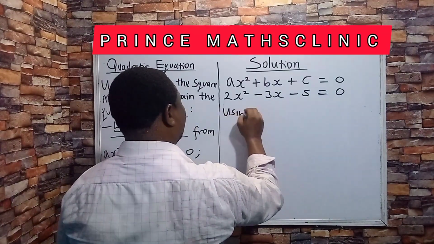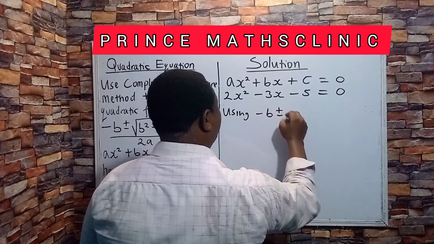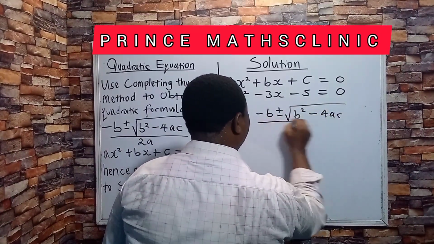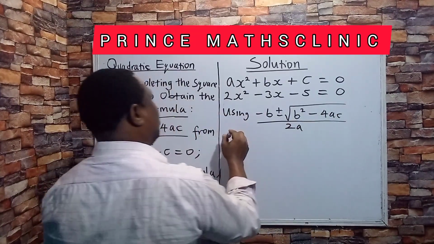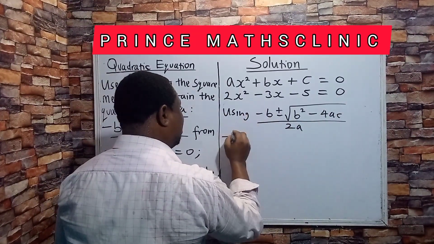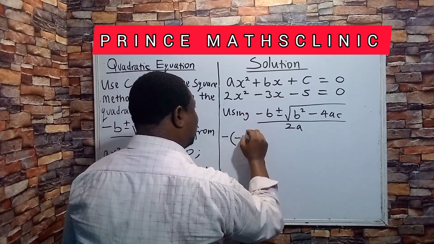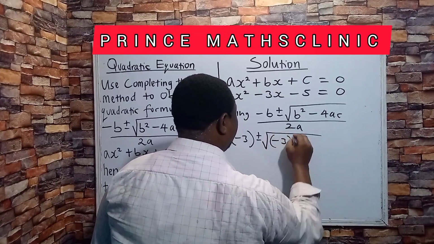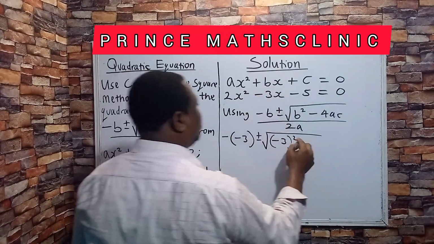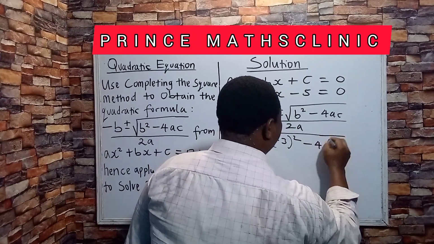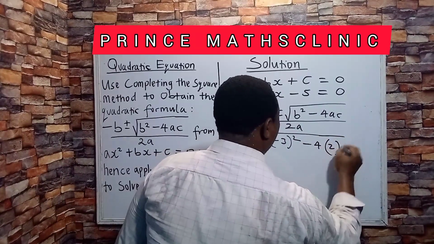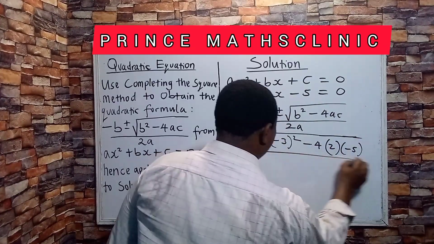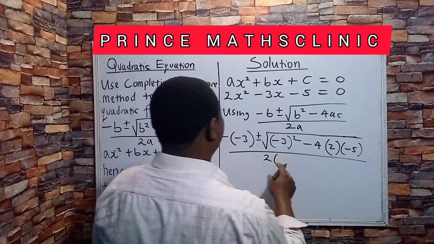So using minus b plus or minus the square root of b squared minus 4ac over 2a, my minus in the formula stays, then my b, which is minus 3, plus or minus the square root of minus 3 squared minus 4 times a, which is 2, times c, which is negative 5, everything over 2 times a, which is 2.